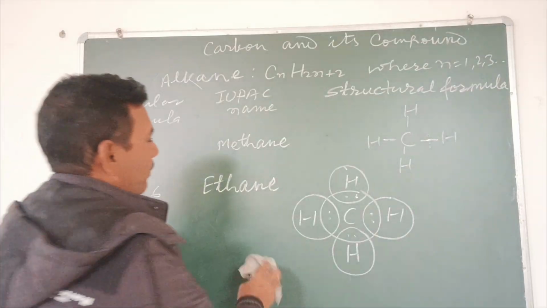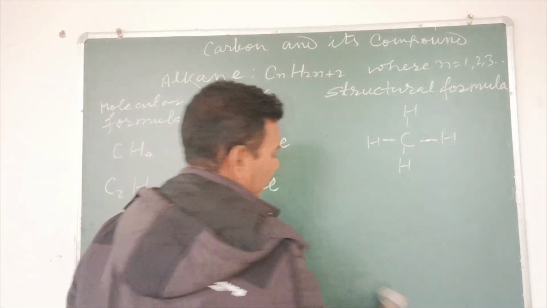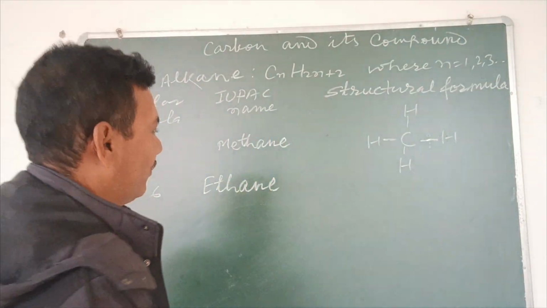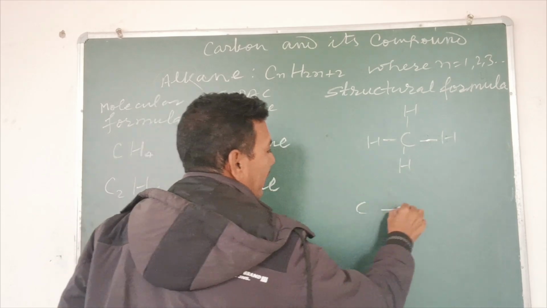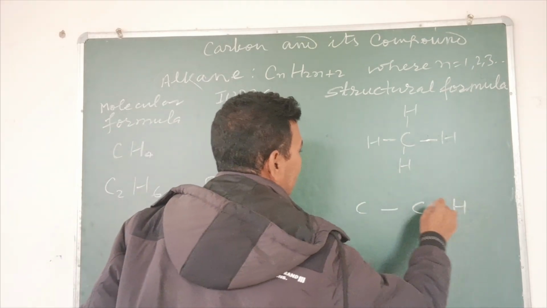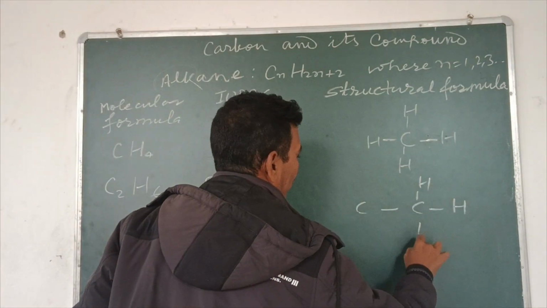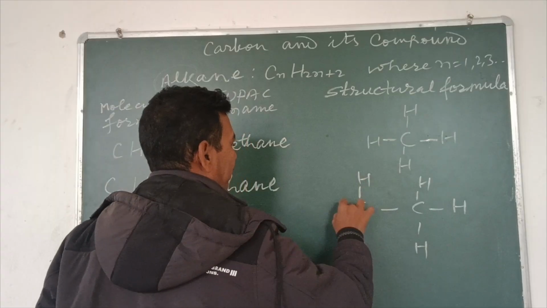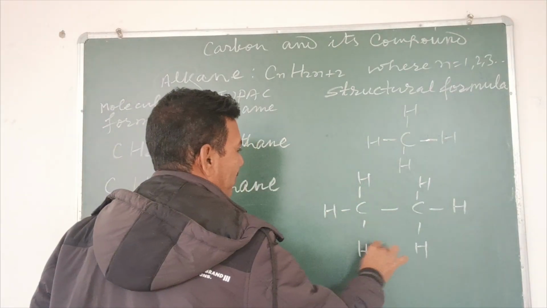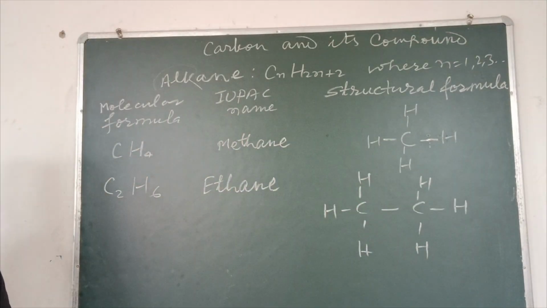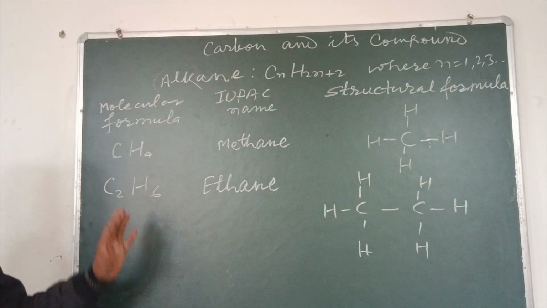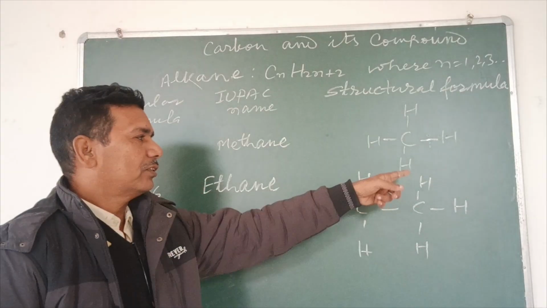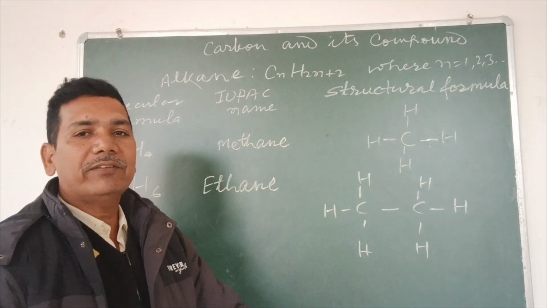And the structural formula of ethane will be written like this: two carbon atoms each bonded with single hydrogen atoms, thus completing tetravalency of carbon and monovalency of hydrogen. This is the structural formula of ethane.